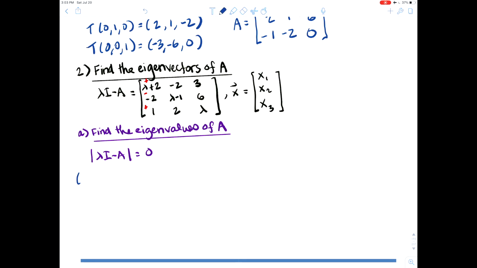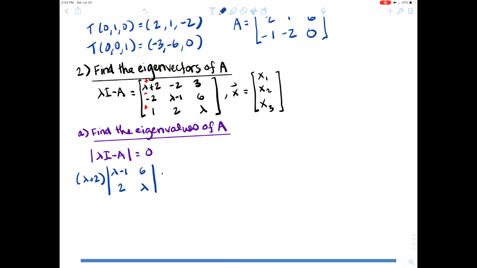All right? So here we go. This will be lambda plus 2 times the determinant of lambda minus 1, 6, 2, and lambda, minus a negative 2.